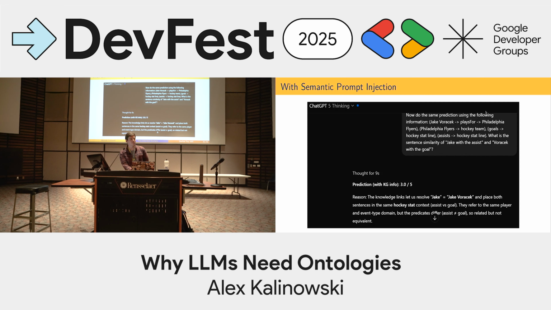Jake Voracek plays for Philadelphia Flyers. They're a hockey team. Goals and assists are on the stat line. How similar are these two sentences now? We get a 3 out of 5. So much closer alignment to the semantics that are being expressed in those two sentences.